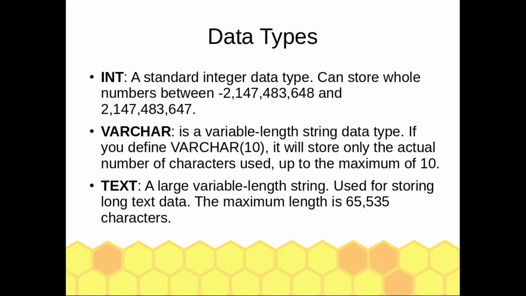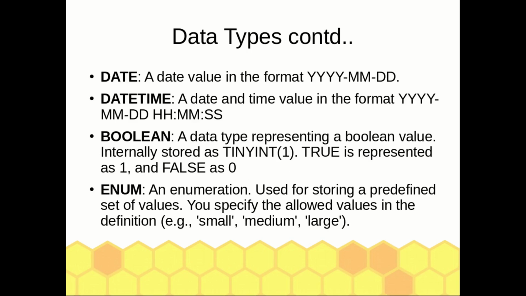The next data type we have is dates. Again, we have a special format that has to be followed. So once you define your table columns and you talk of date, then it has to conform to a particular formatting. Then we have date and time, where we are passing both the date and time elements. Again, we have a format to follow.